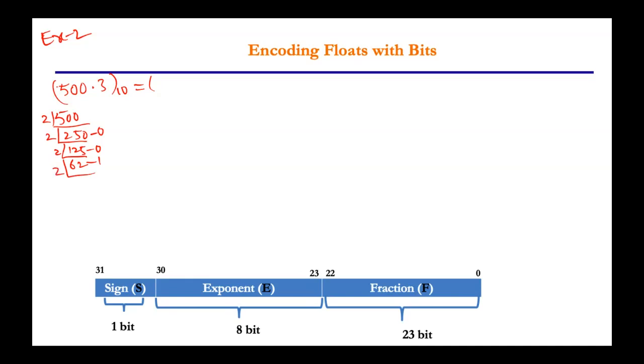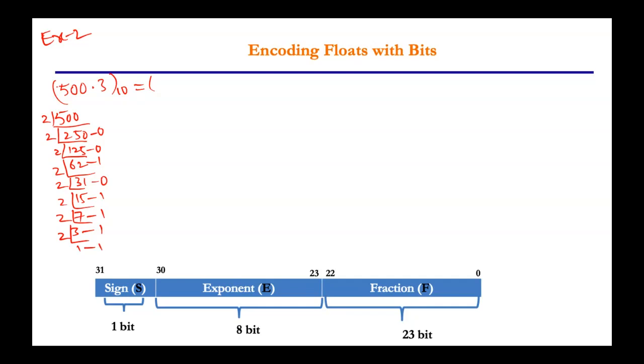Divide this by 2, that is 31, remainder 0. Then divide by 2, that is 15, remainder 1, and then 7, remainder 1. Then 3, remainder 1, and 1, remainder 1.